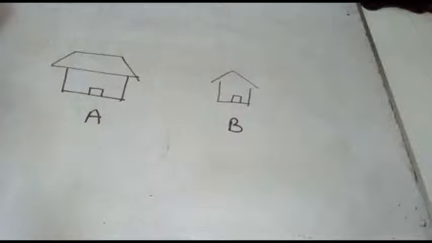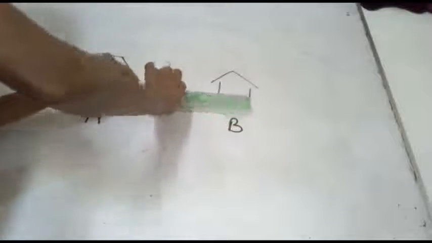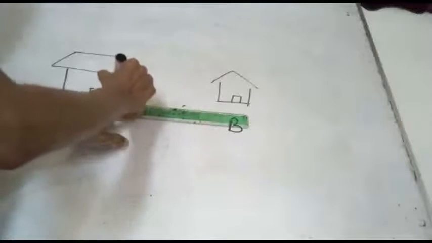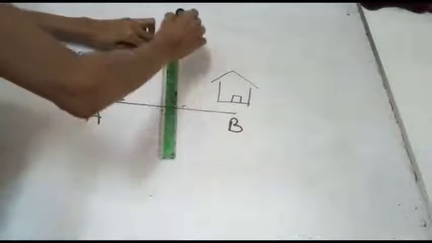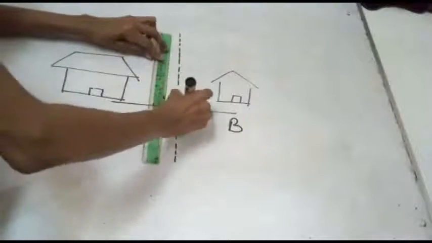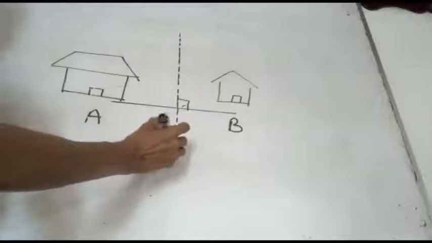It is required to build a wall exactly halfway between the two houses. Then it is the perpendicular bisector of the straight line segment AB. This is the wall, where the wall should be built.